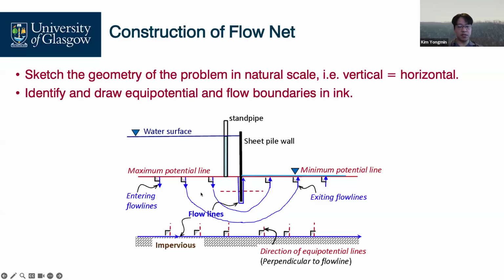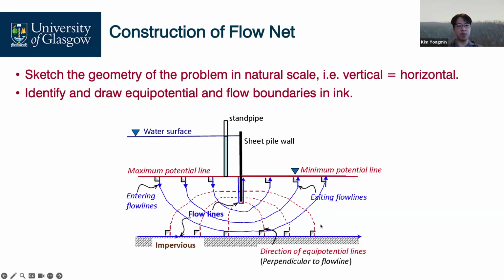We can keep the same distance. One more, we have three flow lines. We have 1, 2, 3, 4 flow channels. Then equipotential lines, 2, 3, 1, 2, 3, 4, 5, 6.